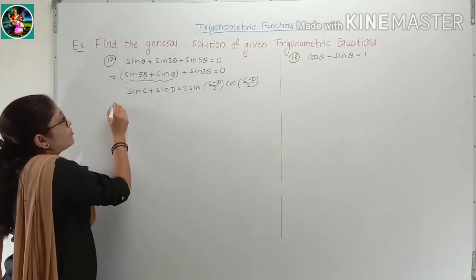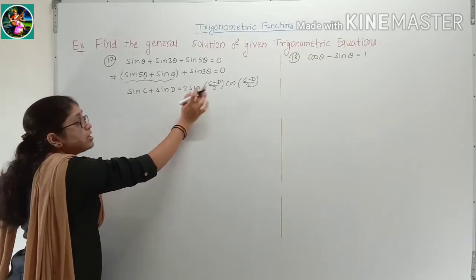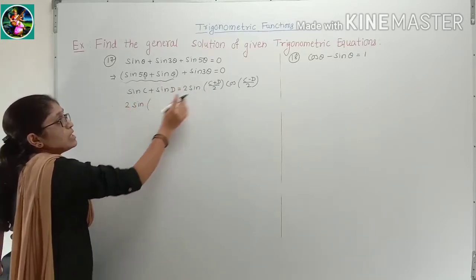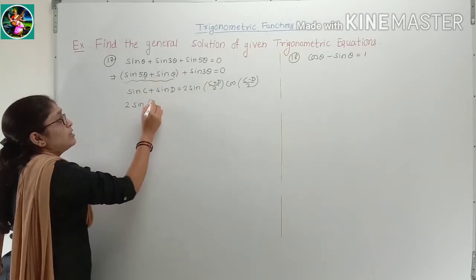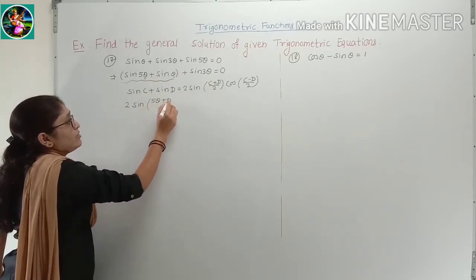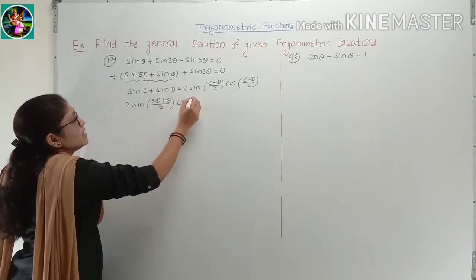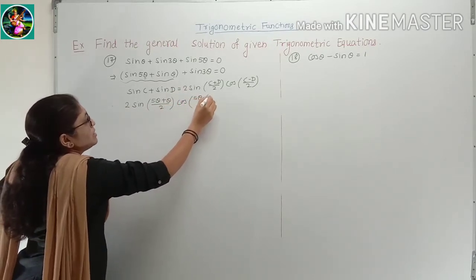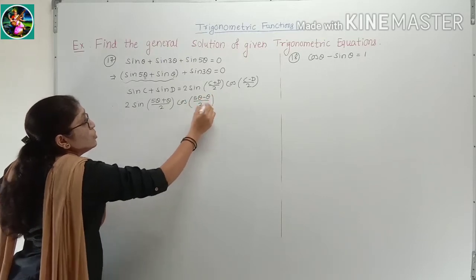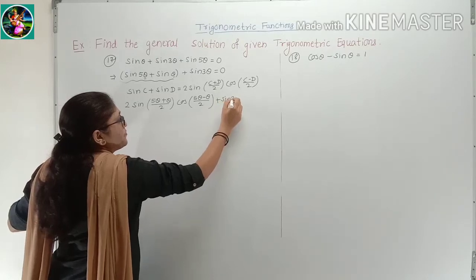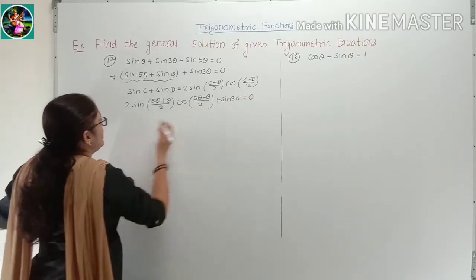Here, instead of C we have 5 theta, and instead of D we have theta. Therefore, applying this formula, we get 2 times sine of (5 theta plus theta) divided by 2 into cos of (5 theta minus theta) divided by 2, plus sine of 3 theta as it is, equal to 0.